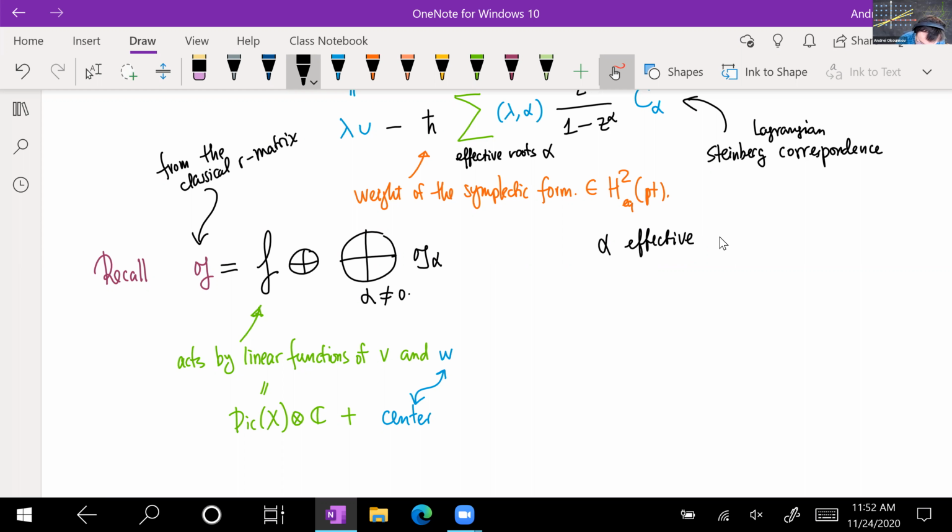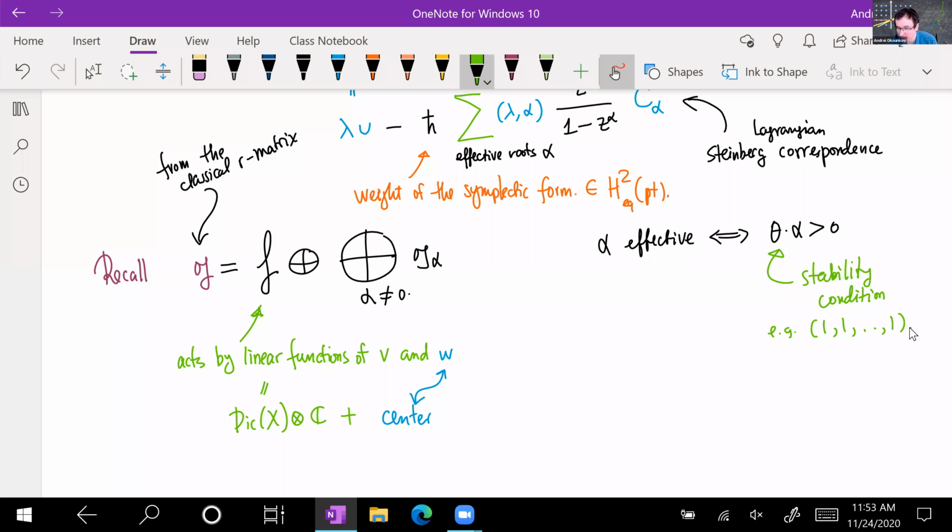Well, it's easy to say. It's just if and only if you take the dot product. So this is the stability condition. Usually, very often people take all ones or all minus ones, and then it means a positive root.